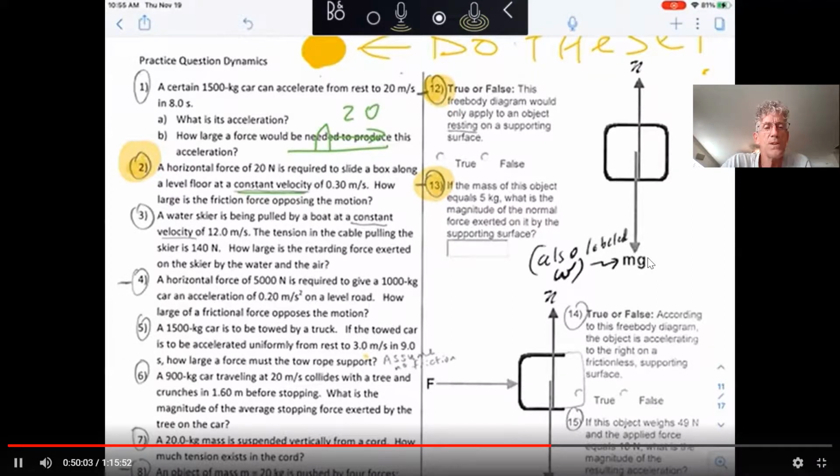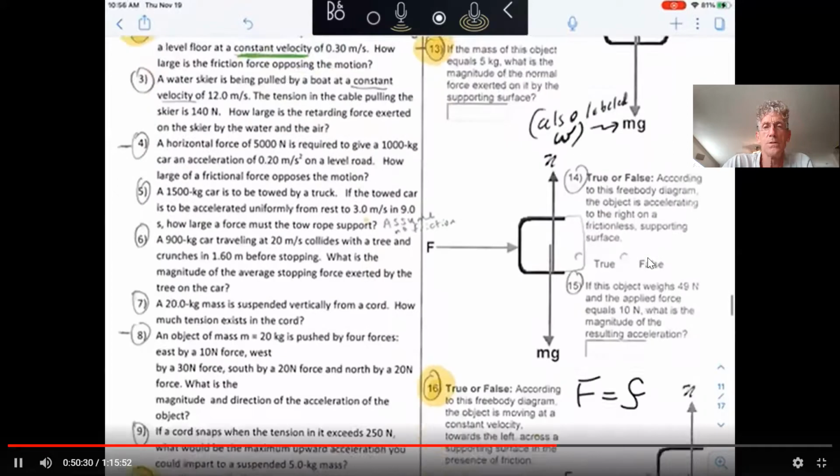Moving at constant velocity, the forces have to be balanced, so the opposing force to whatever force is pushing it has to equal 20 newtons to the left. So it's 20 newtons. The forces have to be balanced. You have to be in equilibrium if you're at constant velocity, or if you're at rest.